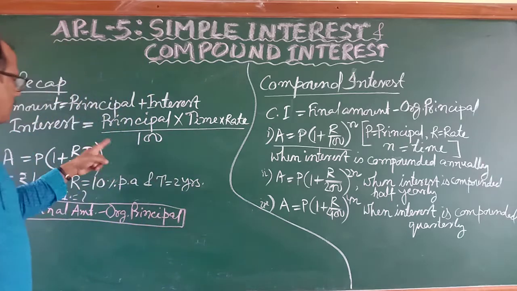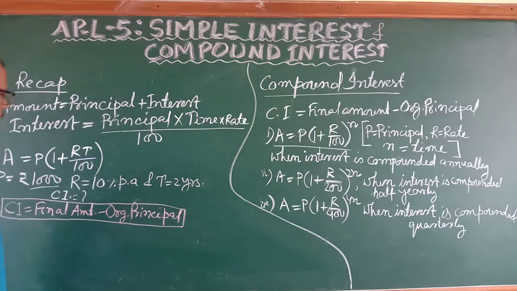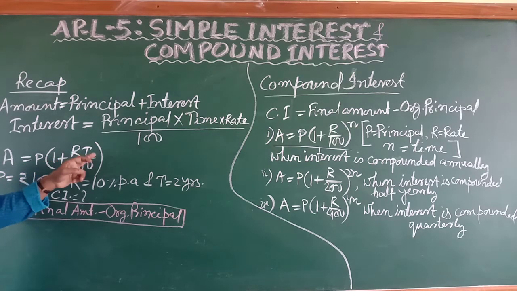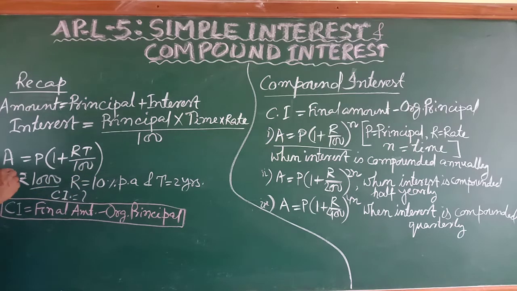Another key formula is A equals P into 1 plus RT by 100, where A is the amount, equal to principal into 1 plus rate percent multiplied by time divided by 100. This is a very useful formula to directly find the amount or the principal when you know the other values, the rate percentage and time.